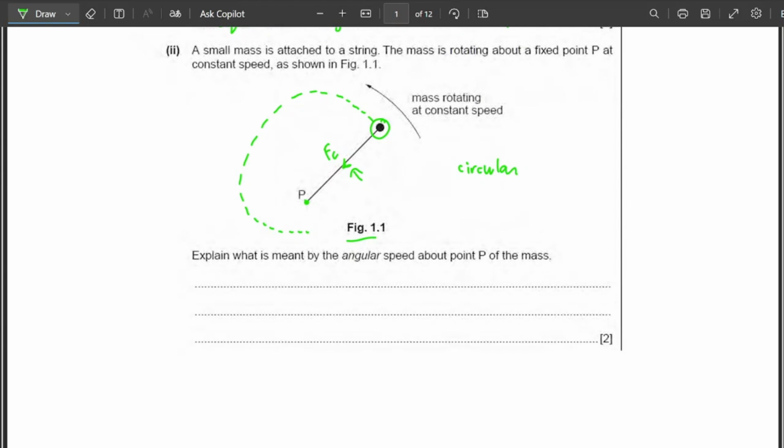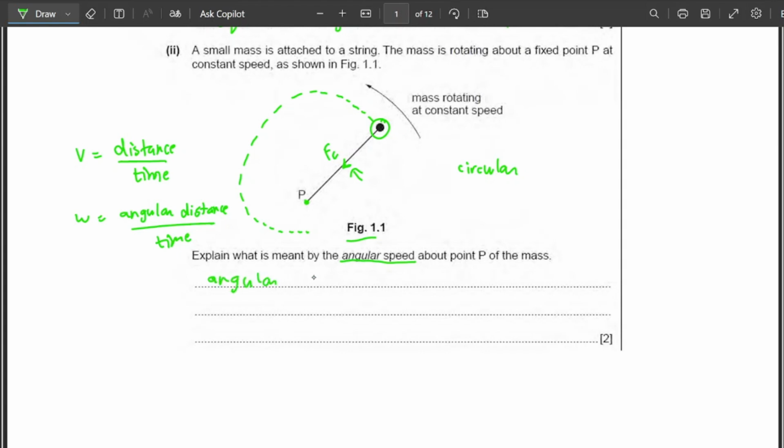It says, explain what is meant by angular speed about point P of the mass. So we know what normal speed is. It's basically your distance per unit time. So angular speed is almost the same as that, except instead of distance, you have angular distance, which is basically the angles you cover per unit time. So this is just going to be the angular speed.